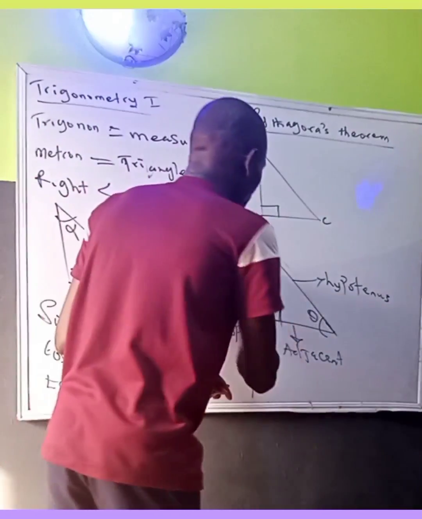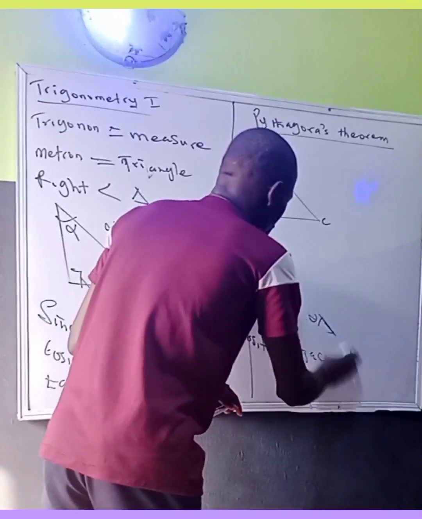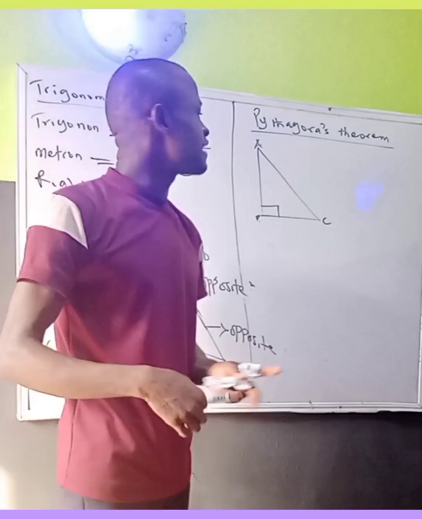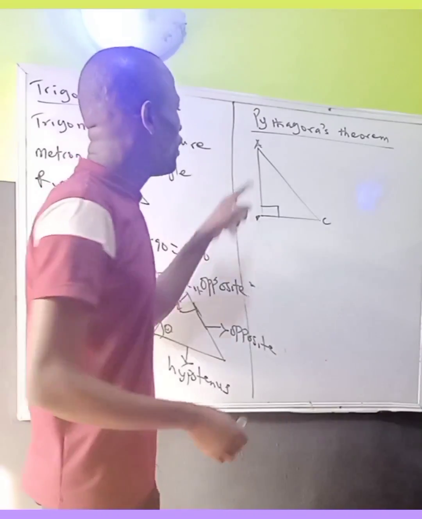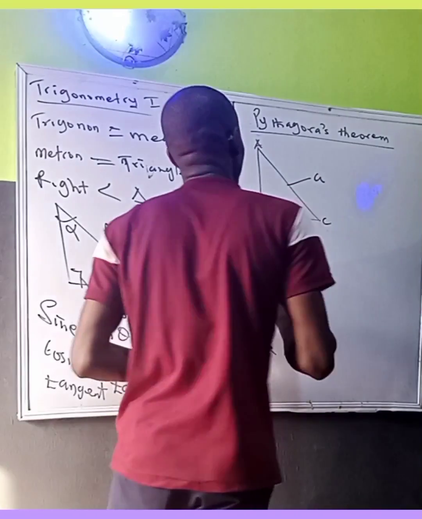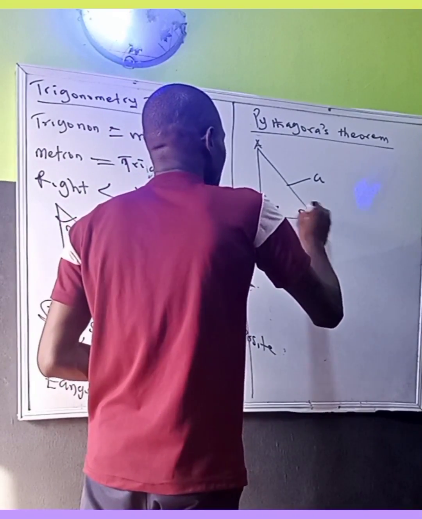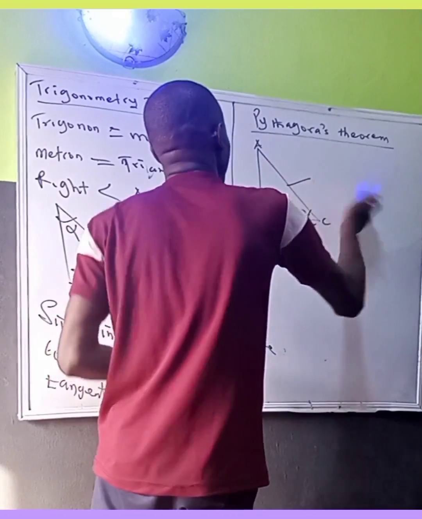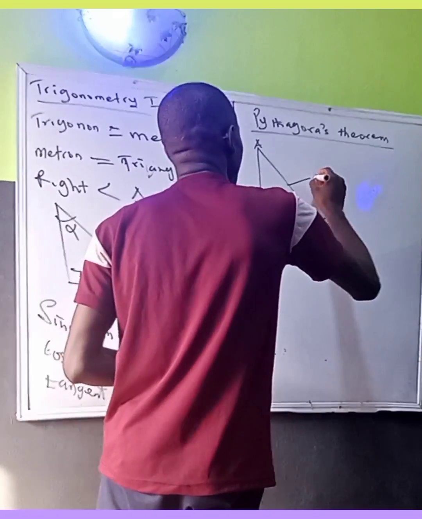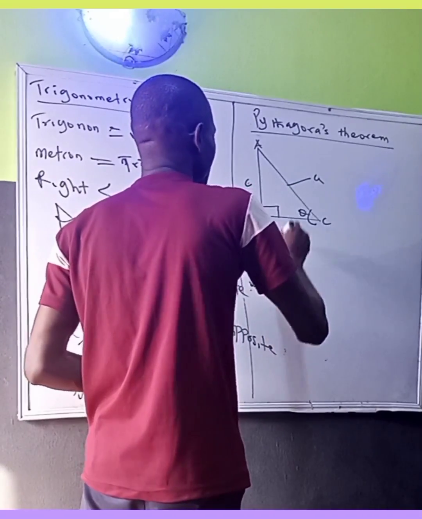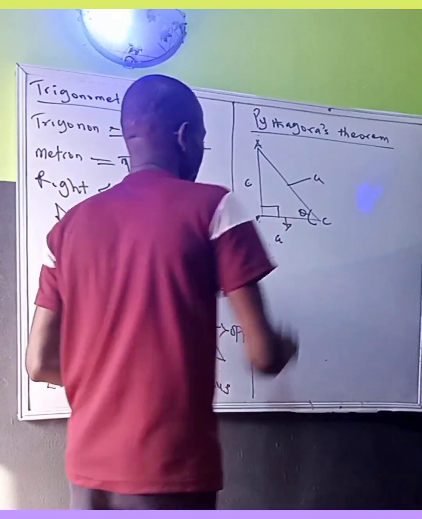Let's now introduce Pythagoras theorem. Pythagoras theorem says that in a right angle triangle, the longest side we call the hypotenuse. The side this angle theta is facing we call the opposite, and this side is adjacent.